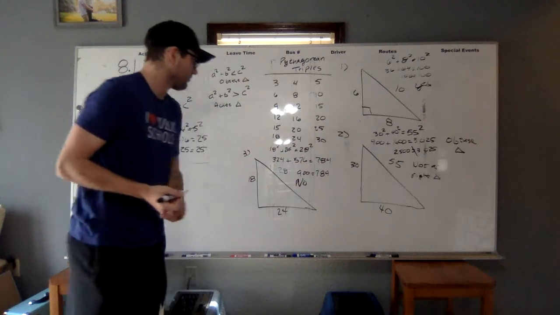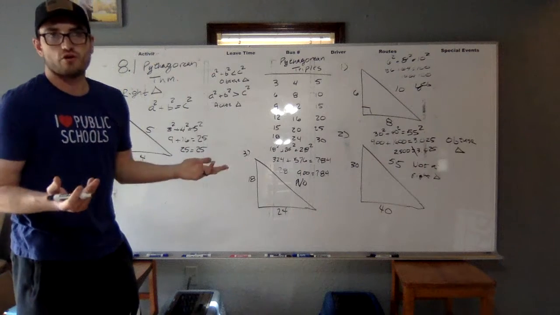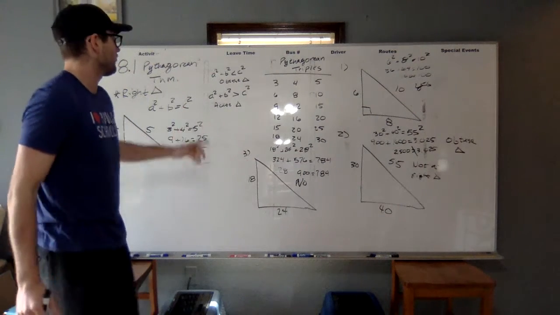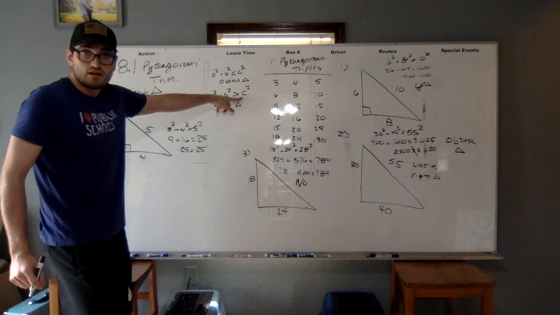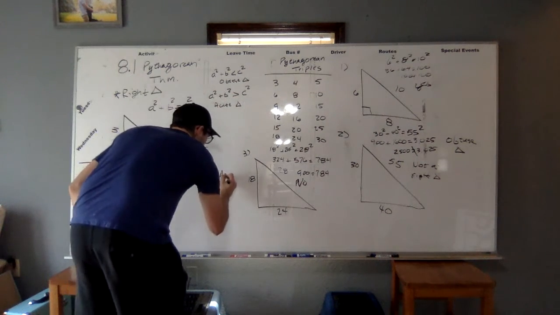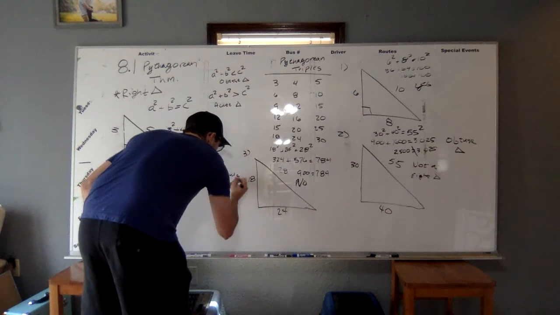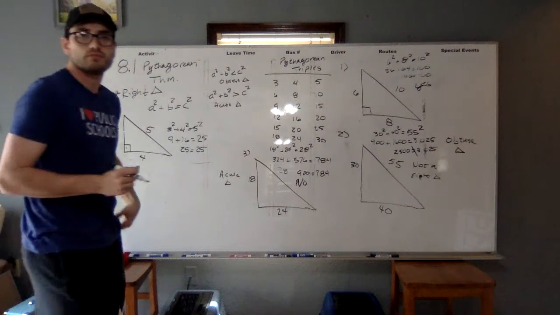I look at the next example, example 3, and I say, okay, 900 does not equal 784. 900 is bigger than 784. So the left side is bigger than the right side. It's greater. Then that means it fits this piece. So we know number 3 is an acute triangle.